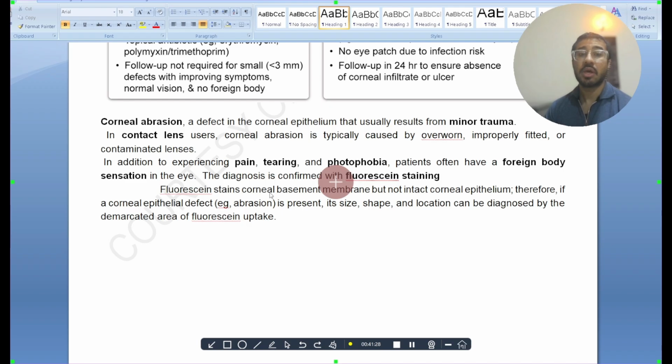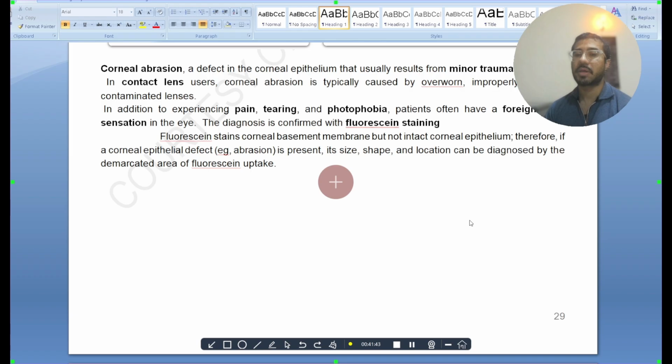Fluorescein stains corneal basement membrane but not intact corneal epithelium. Therefore, if a corneal epithelial defect or abrasion is present, its shape, size, and location can be diagnosed by a demarcated area of fluorescein uptake. I drew the diagram and explained the mechanism.